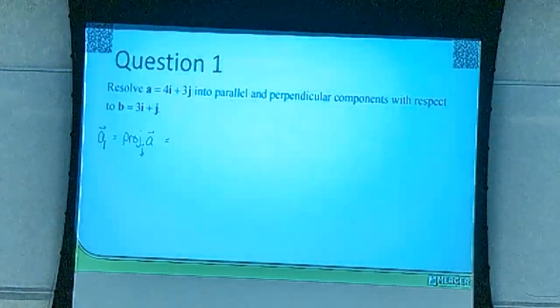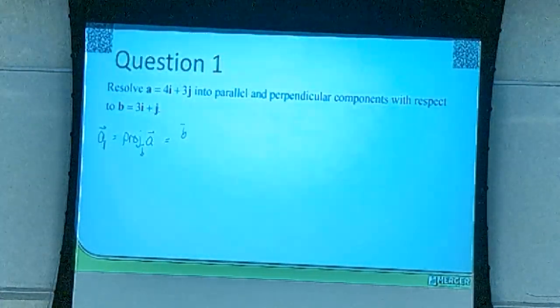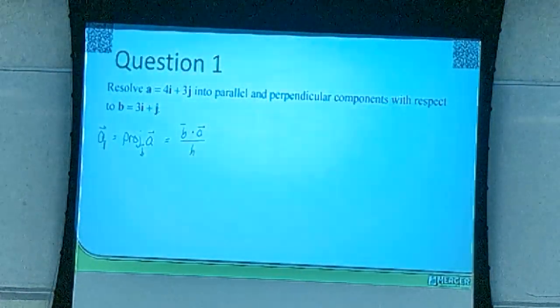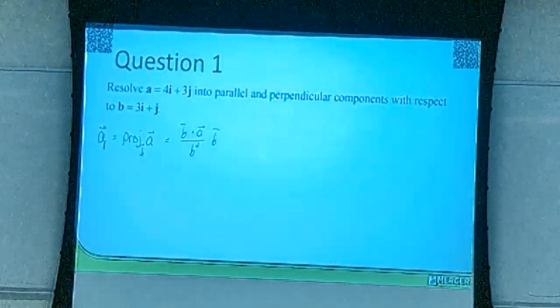That should be B dotted with A over B squared times B.